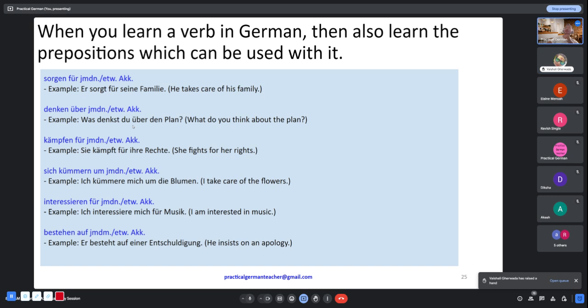When can you use it? You can use it in a funny way, like, you should fight for your rights.